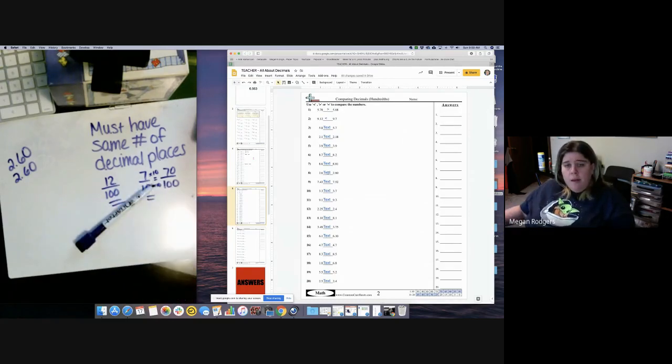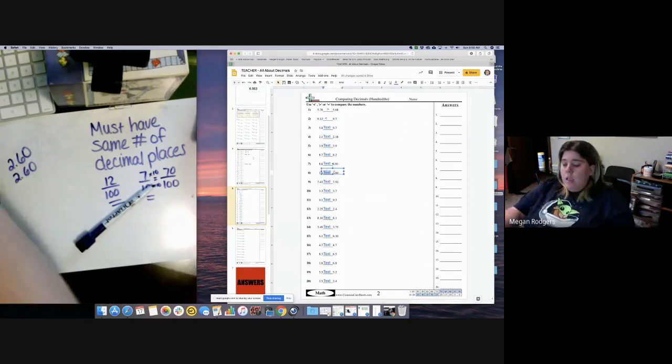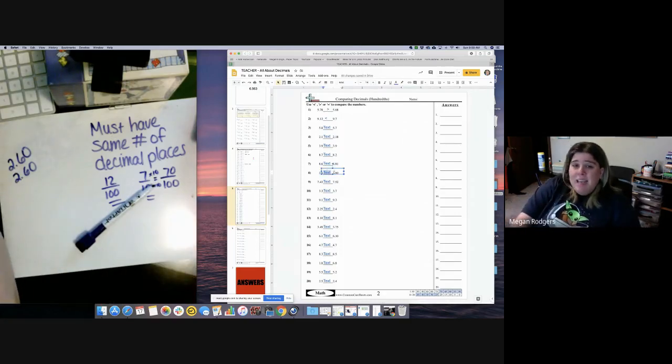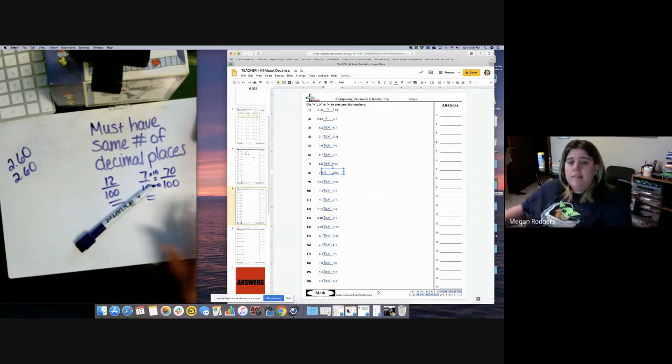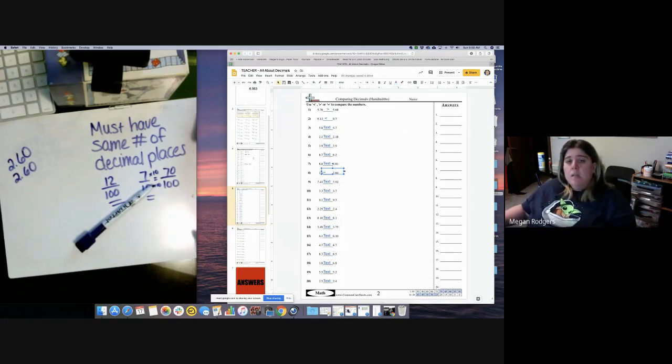So for number 8, when we go to put the equal in here, there's a plus sign and an equal sign. You just have to hit the button once, and that'll give you the equal sign. Again, I'm making mine centered. You don't have to do that because it's only for you.